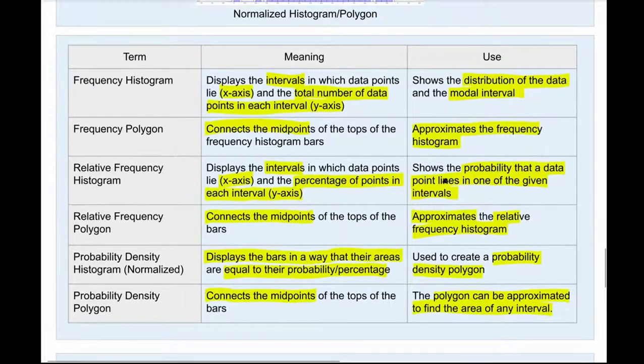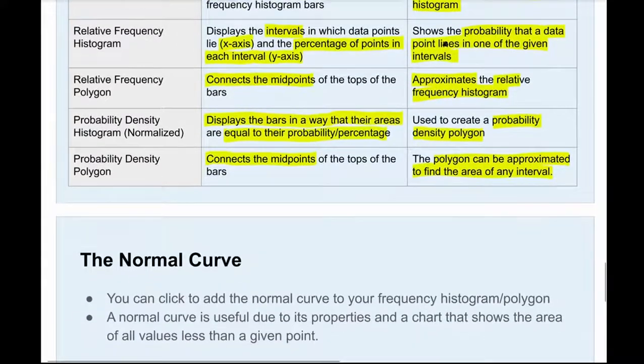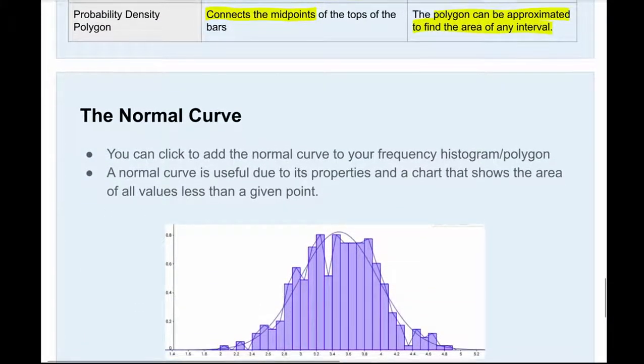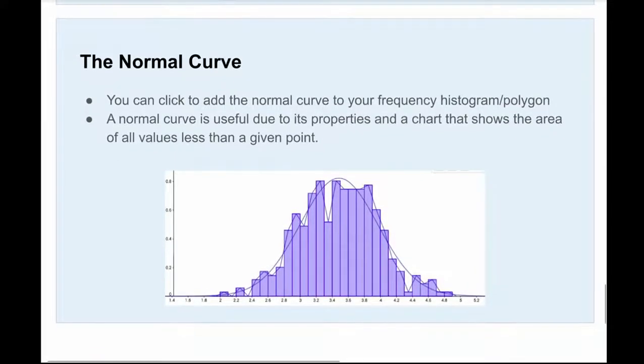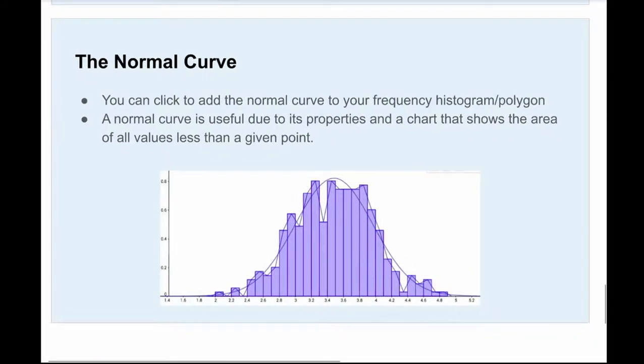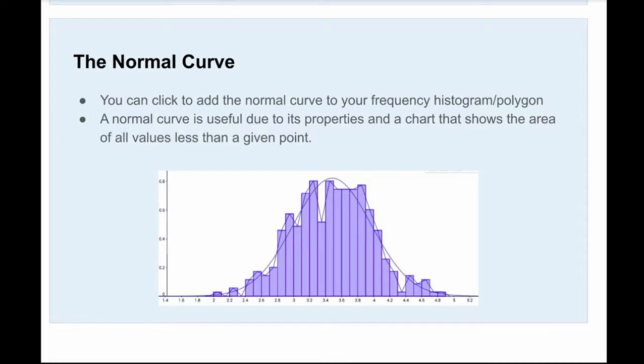The main thing we're going to be doing with this is looking more at a normal curve, because a normal curve is a specific type of continuous data distribution that's very useful. If I go back to my histogram and click on the option for normal curve, it will give me what a normal distribution is. We've talked a bit about that before. A normal curve is useful due to its specific properties, because we know for sure what percentage of values lie within specific parts.